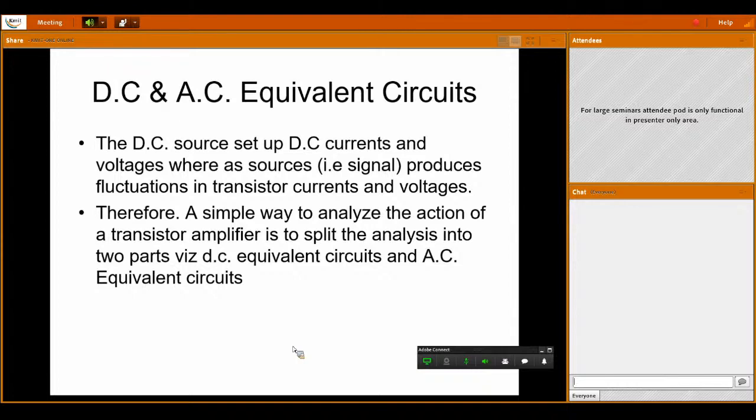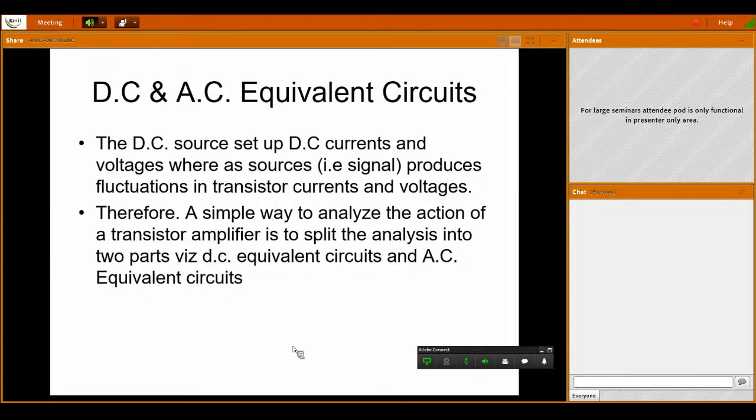Now the DC source setup, here we have to analyze for any circuit analysis. First we have done with the DC analysis. Now we have to proceed with the AC analysis. Now the DC sources will set up here DC currents as well as DC voltages, which fluctuate in your transistor currents and voltages.